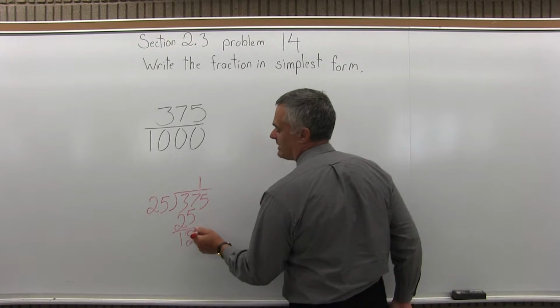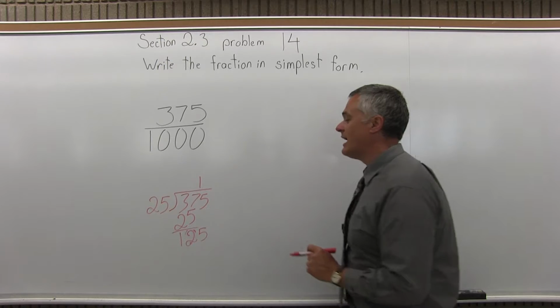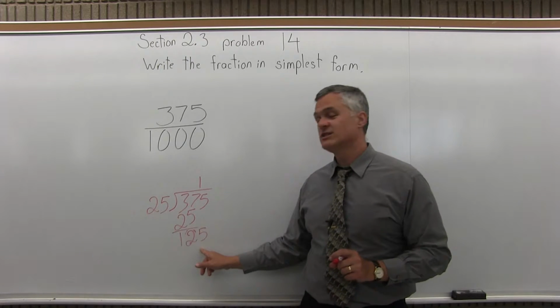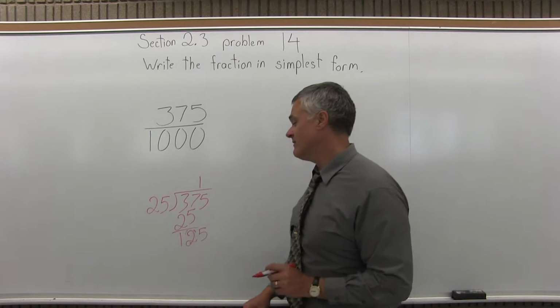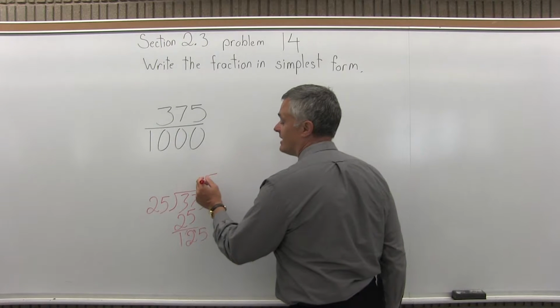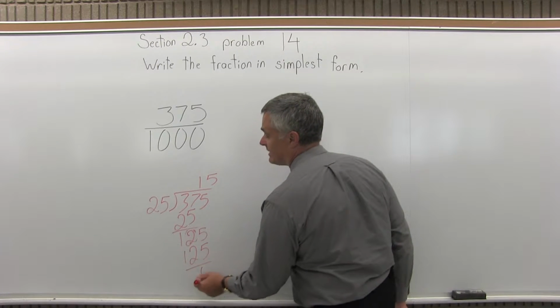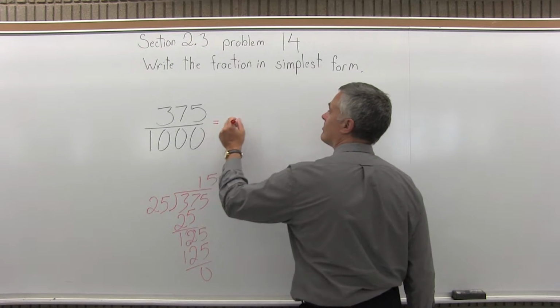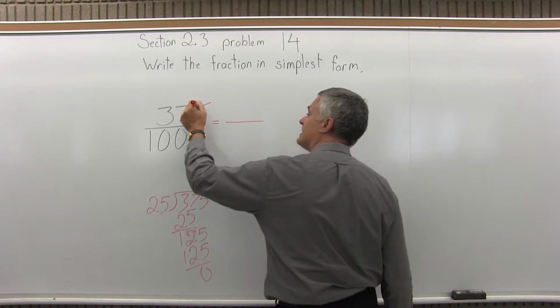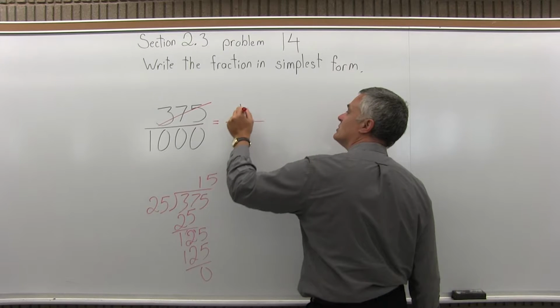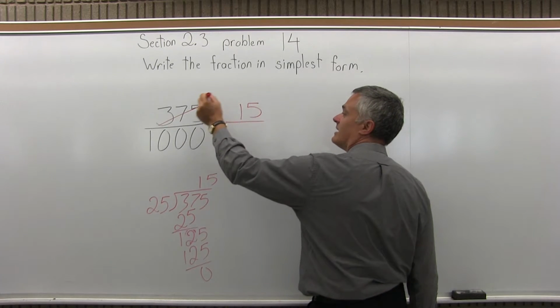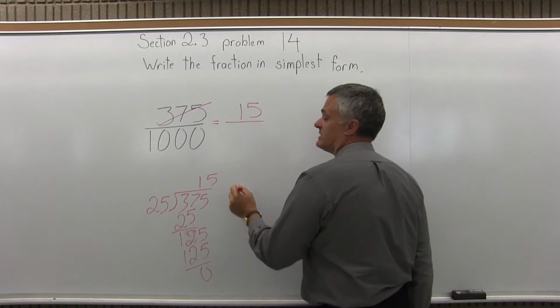And then if I bring down the next digit, which is 5, I have 25 divides into 125 5 times. 5 times 25 is 125. So it does go in evenly. So the top, the 375, reduces to a 15. 15 times 25 is 375.